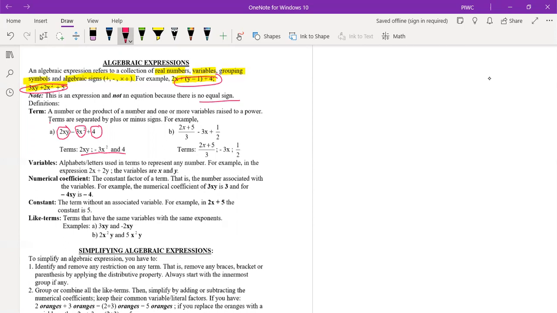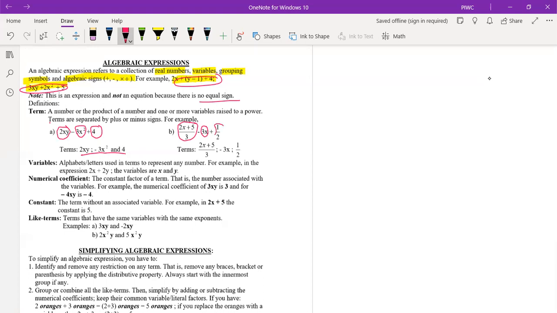Now let's look at this example here. What are the terms here? 2x plus 5 over 3 is a term; we're dividing two items here. 3x is the product of a variable and a number, so that's a term.